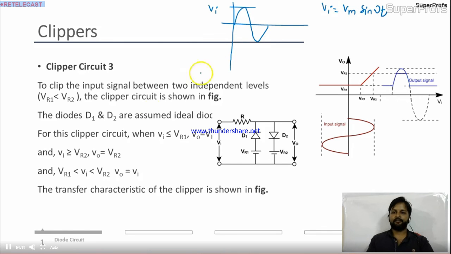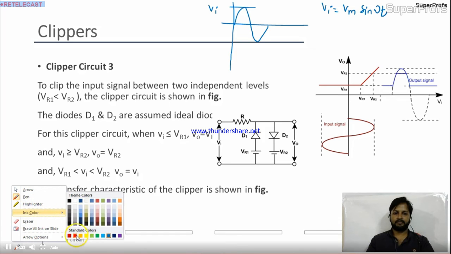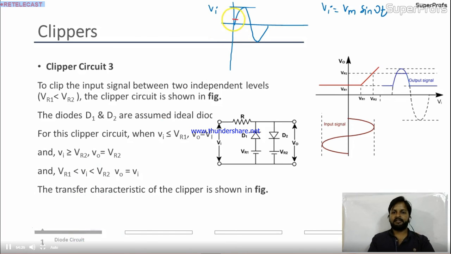Now friends, please draw VR1 and VR2 over here also. Let's take this is VR1, and VR2 is greater than VR1. This is VR2. Here I'll draw the output.